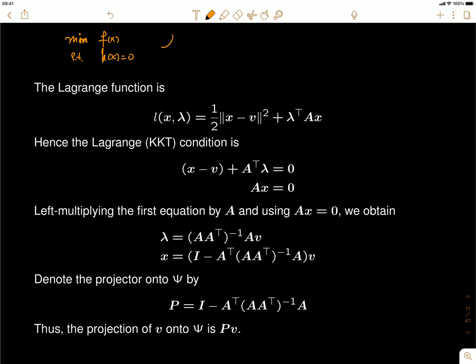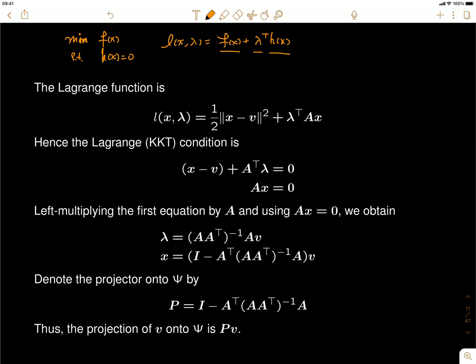Then the Lagrange function is defined to be f of x plus lambda transpose h of x. h of x could be a vector valued function, and lambda is a vector that has the same dimension as h. This is a scalar, and this is an m-dimensional vector, so in total it's a scalar valued function.